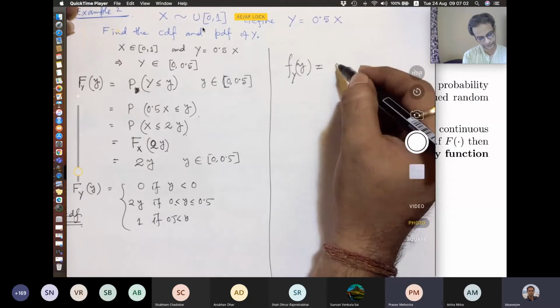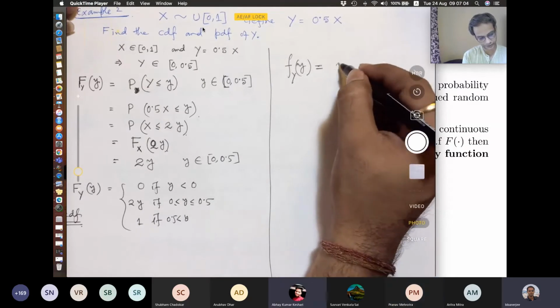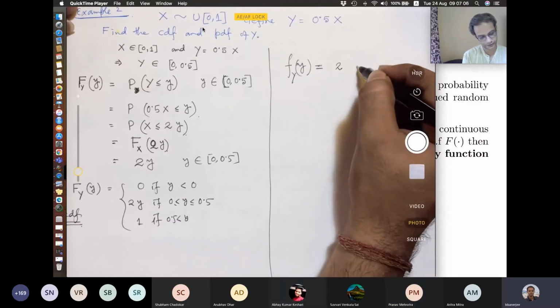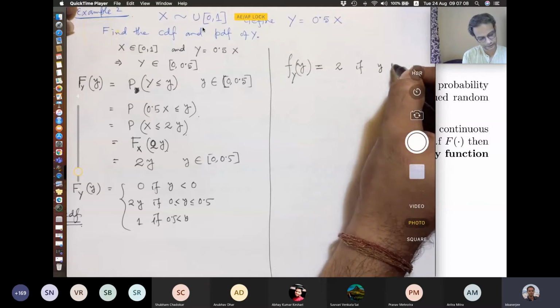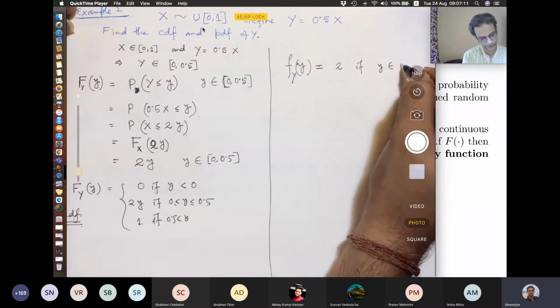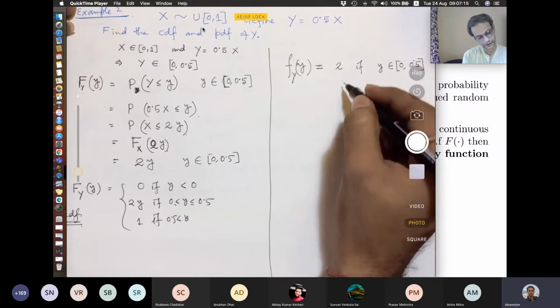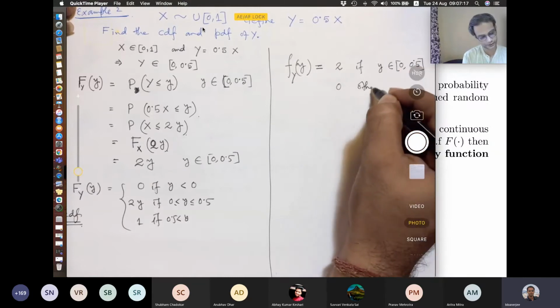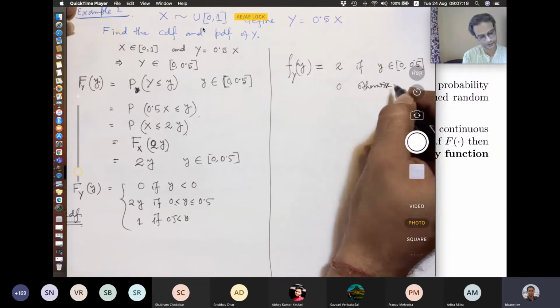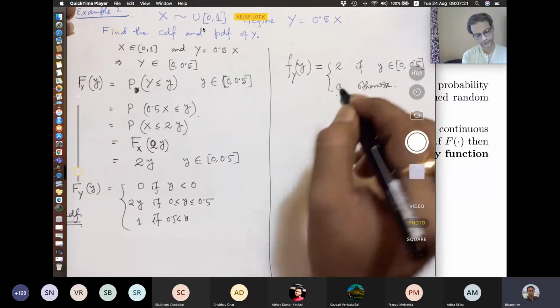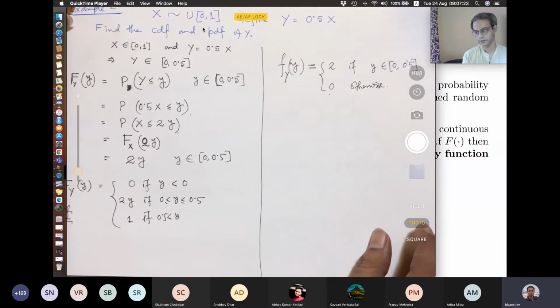So it will be 2 if y belongs to 0 to 0.5 and 0 otherwise.